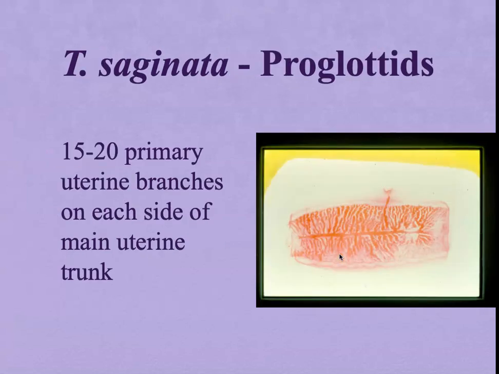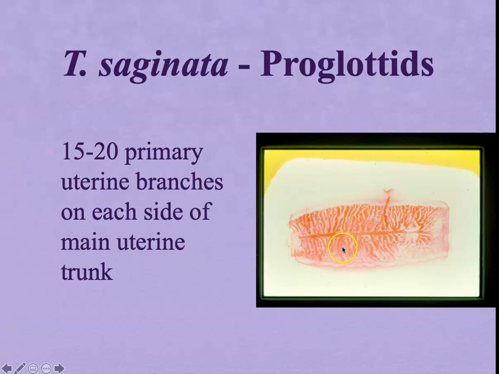We can also tell their gravid proglottids apart. The gravid proglottids of Taenia saginata have a lot of uterine branches. So the uterus in this one is sort of like the trunk that's going the whole length of the proglottid.